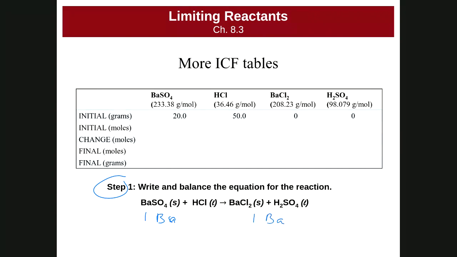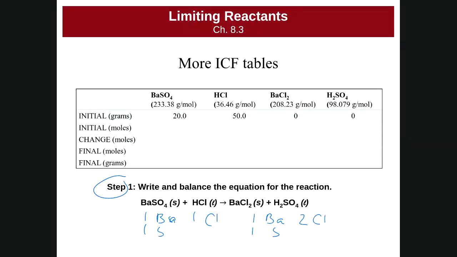So that's fine. We have 1 sulfur on the left and 1 sulfur on the right. So that's fine. Let's skip over to chlorine. We have 1 chlorine on the left and 2 chlorines on the right. So there's one place where we can balance.